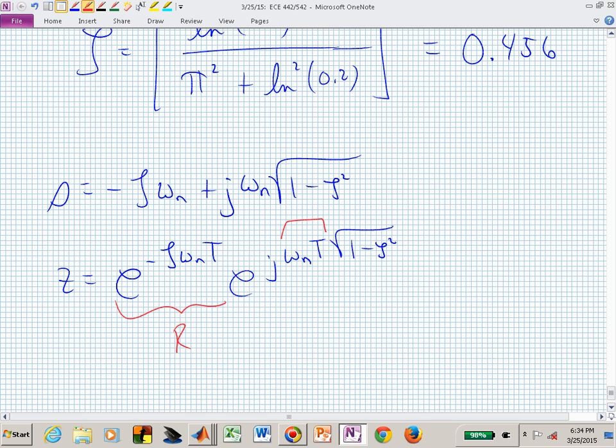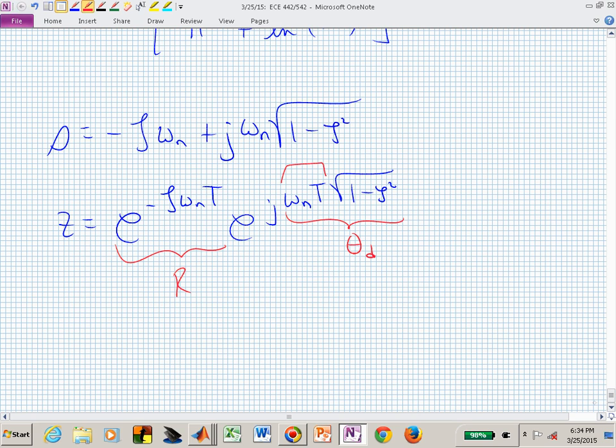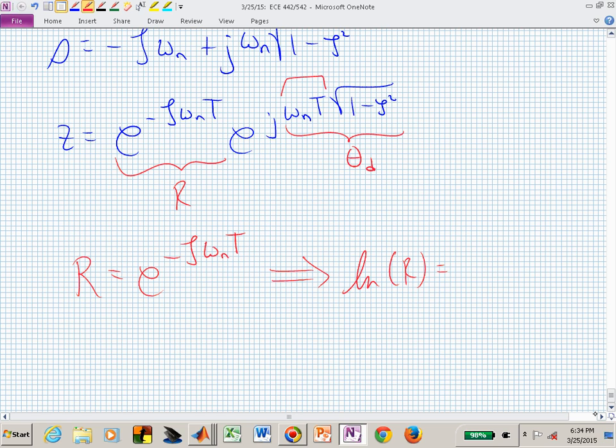We have omega sub n T, and all of this is our theta sub d. What we don't know is omega sub n T. We don't know omega sub n, but we know that r is e to the minus zeta omega sub n T, which now says that the natural log of r is minus zeta omega sub n T, or solving that for omega sub n T, that's now equal to natural log of r over minus zeta.